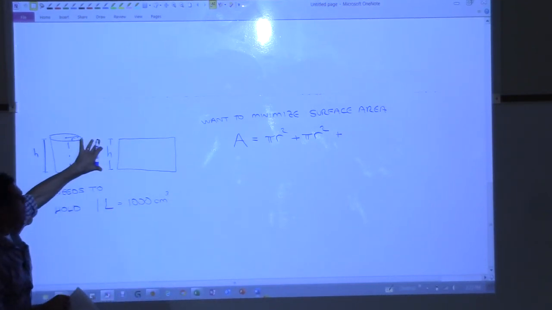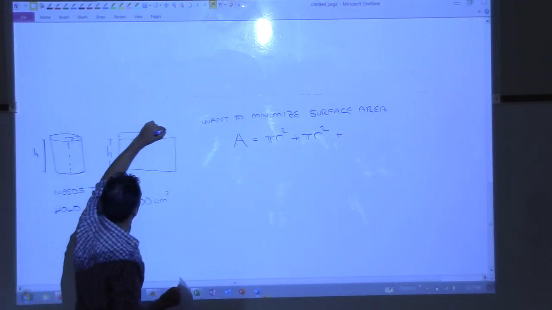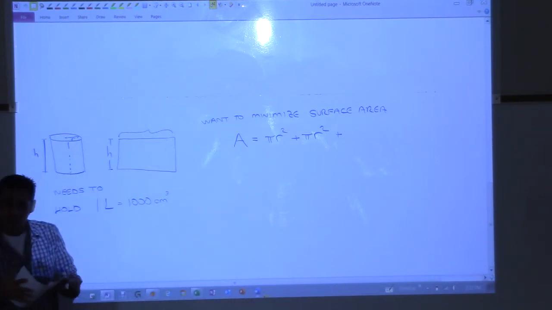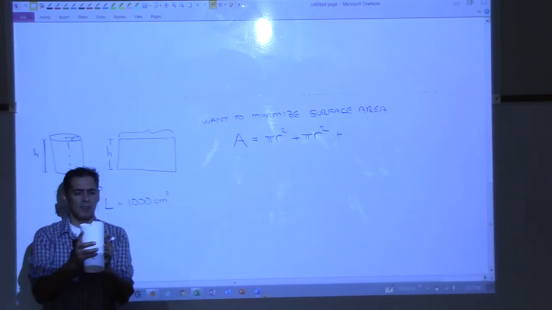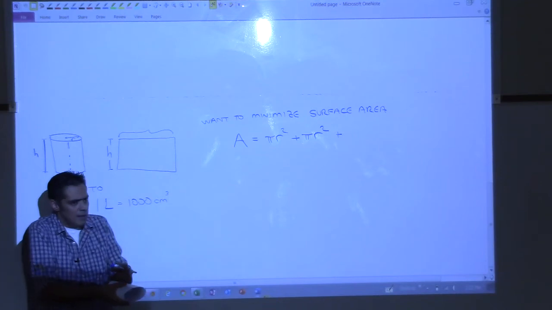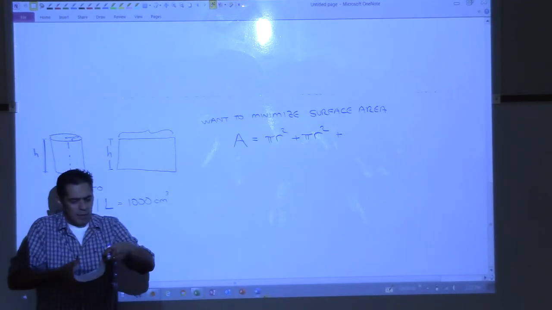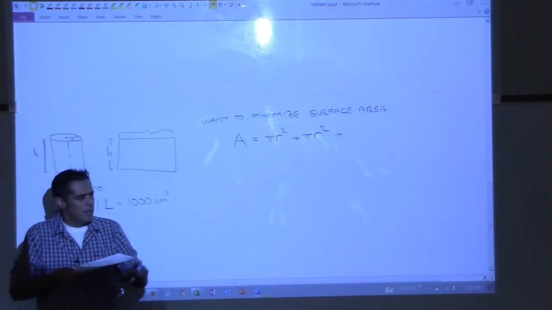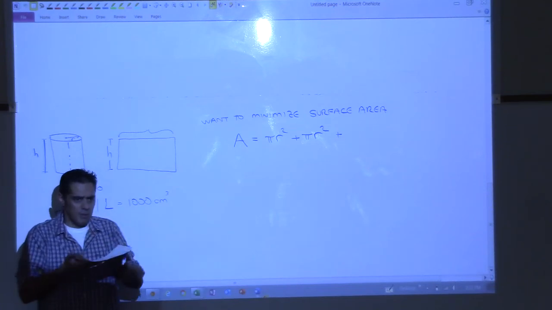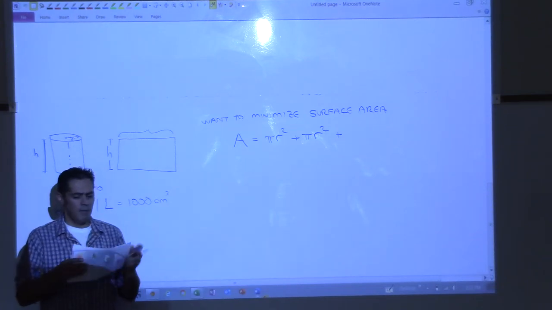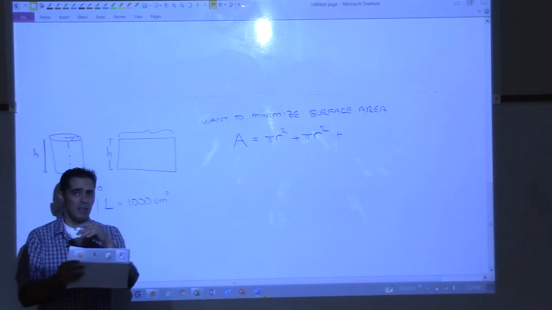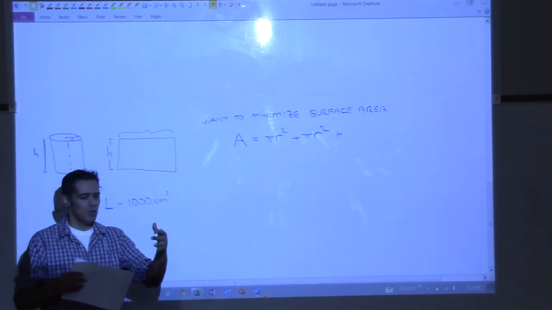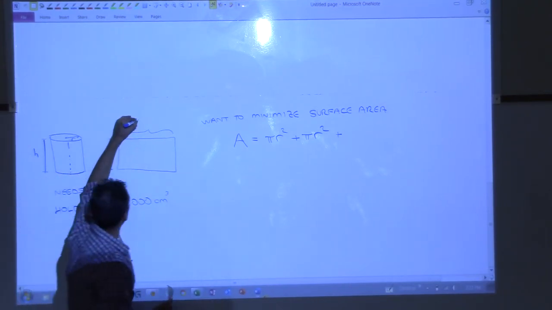H, right? Now, we need to know this distance from here to here. And where did you get that from, David? That's circumference. So when you cut this and you lay this open like this, the distance from here to here is also the circumference of the circle to begin with, right? So if we know the circumference, that's this distance, and the circumference by definition is 2 pi r. So that's where you got that from, right? 2 pi r?